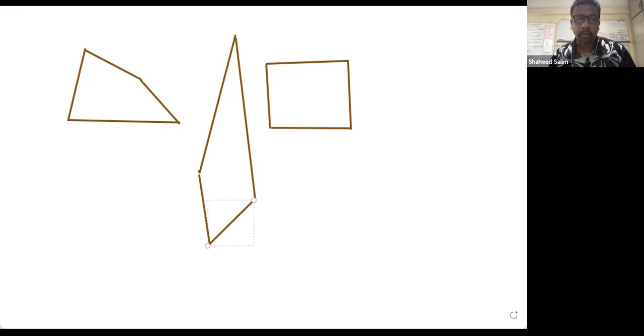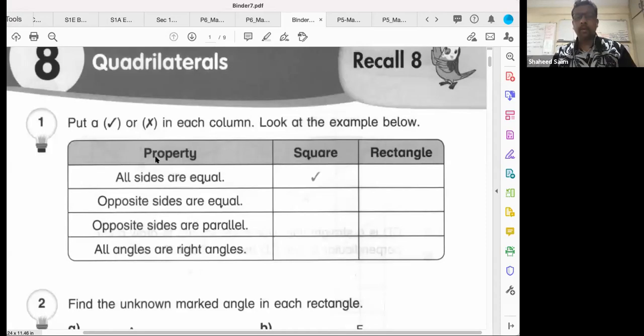Let me go back to this one now. You all agree now. For squares, all sides equal is square, right? You all know. Rectangle, no, right?